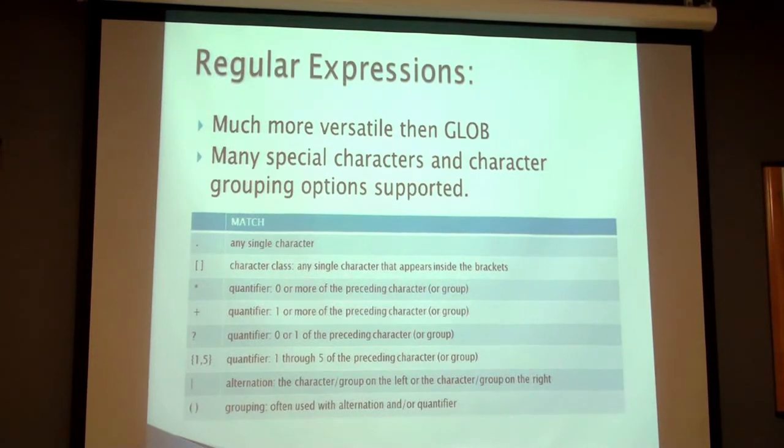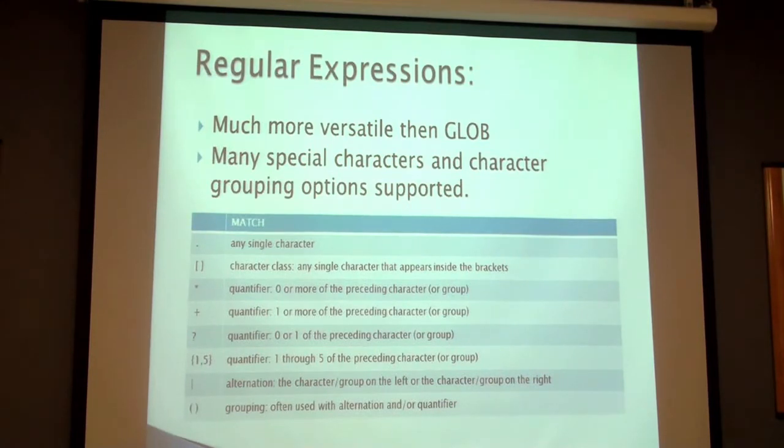So dot. Dot stands for any single character, anything. Anything, a space, another dot, ABC, but one. One of anything. Square brackets stand for any single character that appears inside the brackets. So it's very similar to what we saw in glob.